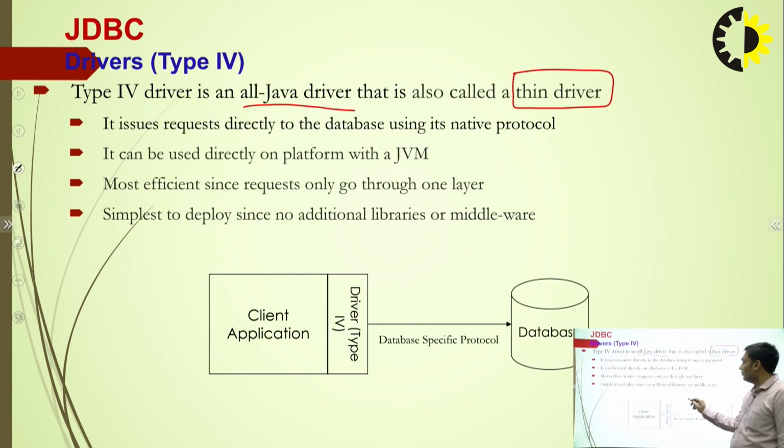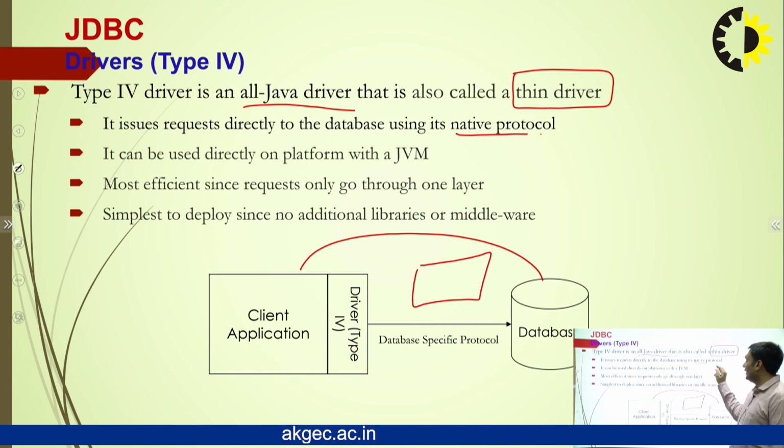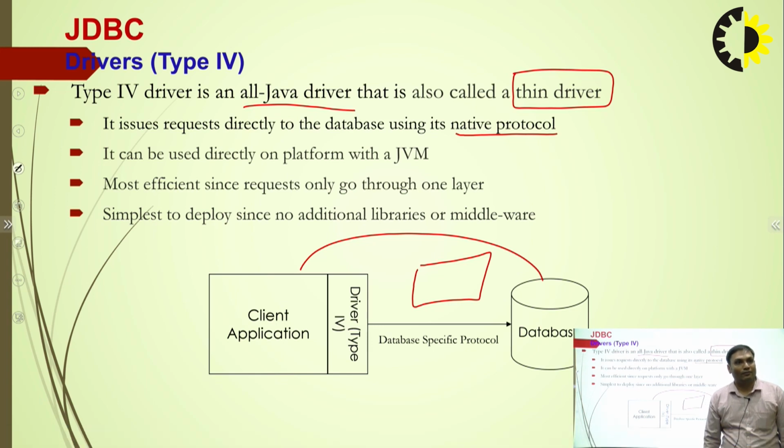So there are no middle layers in between an application and a database. It requests directly to the database using its native protocol, and it can be used directly on a platform with a Java virtual machine.